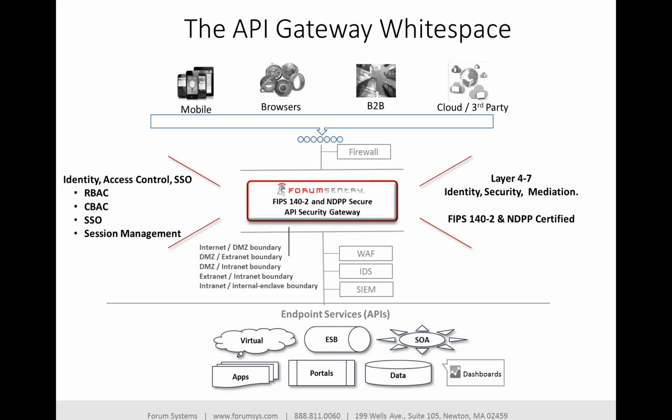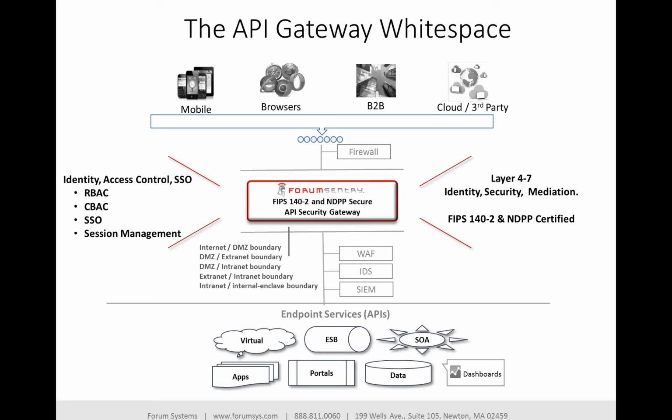In terms of the landscape of existing technologies, this component now provides the unification of the RBAC, the CBAC, the role-based, the content-based, the single sign-on and session management at that same architecture tier where you traditionally see your security architecture, like your firewalls, your application firewalls and your IDS systems.